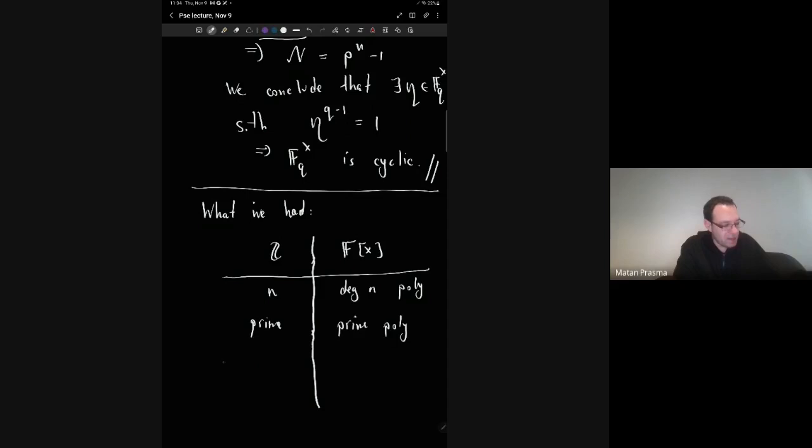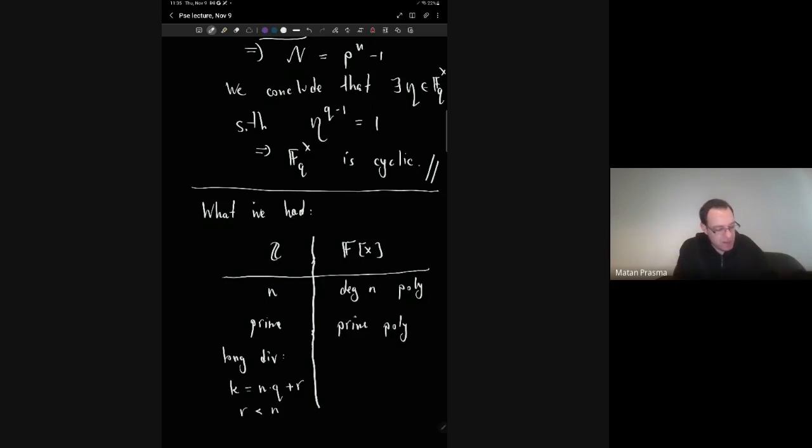Then we had a long division. So if I want to divide k by n, then I get some quotient and some remainder, with the remainder strictly smaller than n.